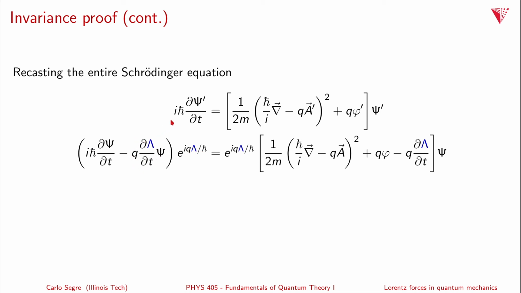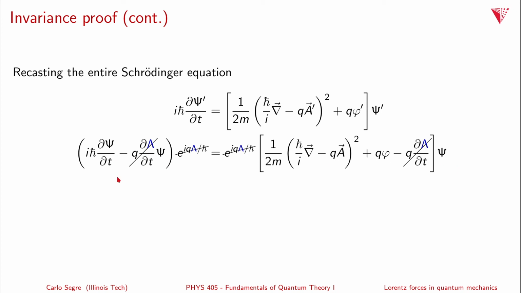It gives us the cancellation of ħ, it gives us the cancellation of the i, and we get a q in partial with respect to time of λ applied to ψ. And so we can cancel the two exponentials, and we're left with this term, which is exactly the same as this term over here. It's q dλ/dt ψ, and so they cancel.